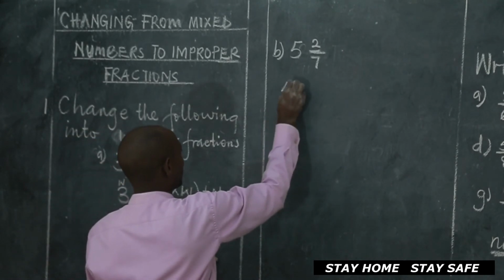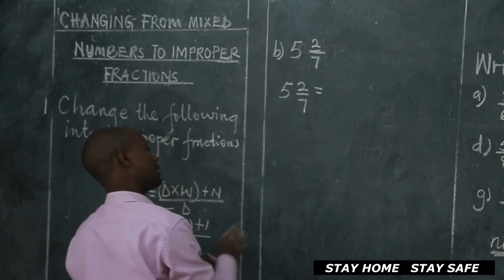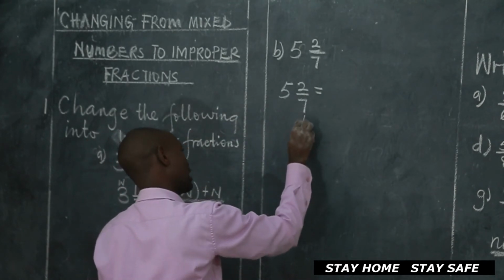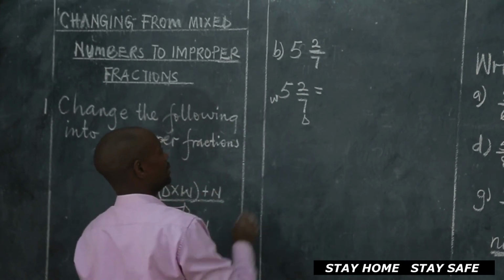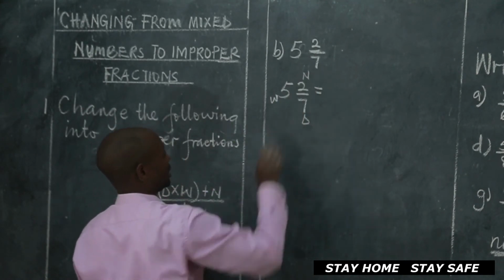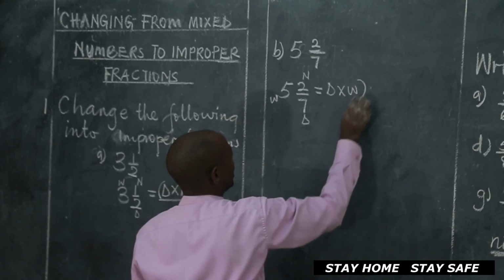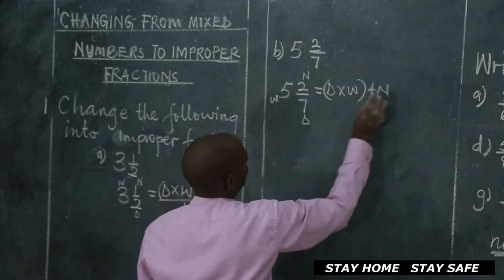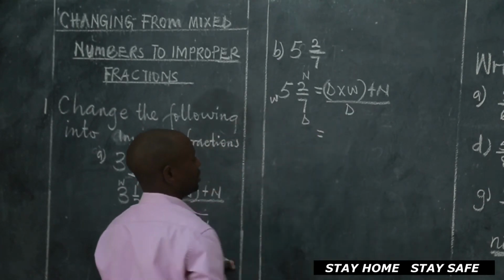Remember this one is the denominator, this one is the whole number, and this one is the numerator. So the formula is denominator times whole number plus numerator, everything divided by the denominator.